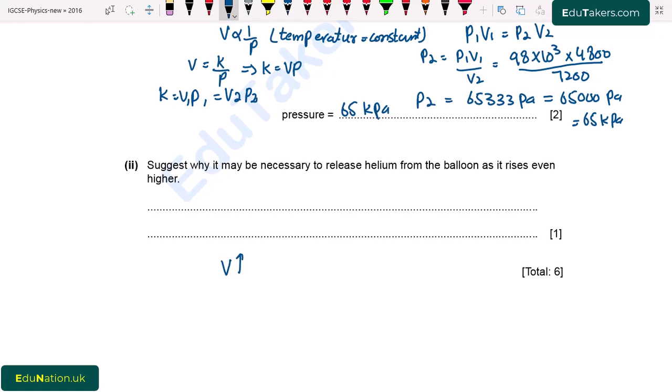As the volume keeps increasing at the greater height, it may be possible that the balloon bursts. So to prevent the balloon from bursting, we release the helium from the balloon. So I write here, to prevent the balloon from bursting.